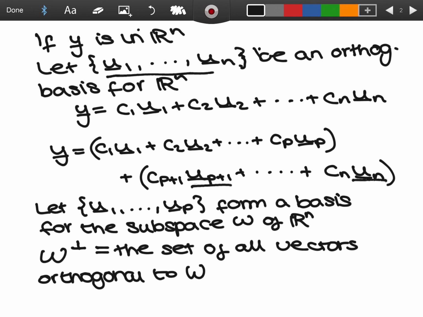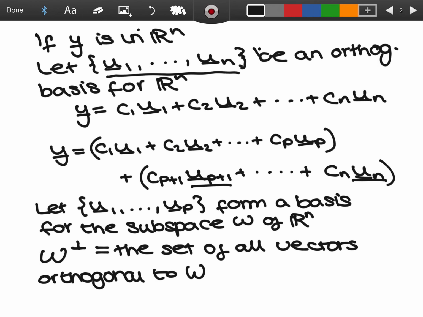Because remember, u1 through un formed an orthogonal basis for Rn, which means all of these vectors are orthogonal to one another. I've taken p of them out. So in order to deal with the rest of the dimensions, n minus p dimensions, those vectors that are orthogonal to the p vectors I've taken out are those remaining n minus p vectors.